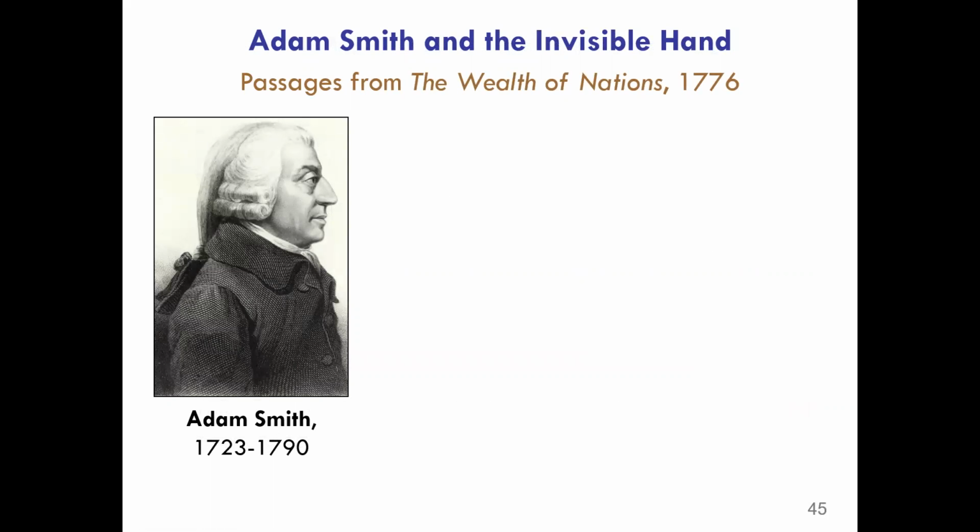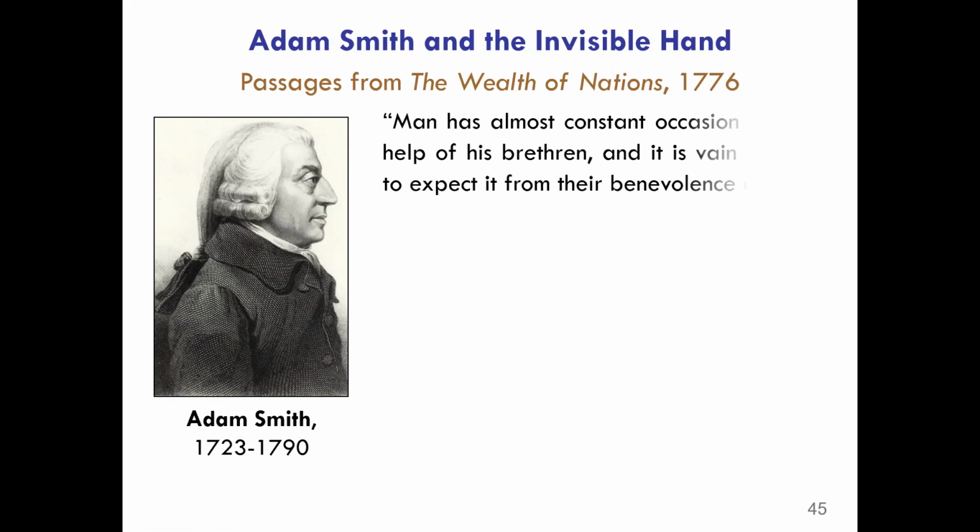Okay, and so we'd like to borrow a few ideas from the father of modern economics, Adam Smith, and the invisible hand, as he wrote in The Wealth of Nations in 1776. So he said that man has almost constant occasion for the help of his brethren, and it is in vain for him to expect it from their benevolence only.